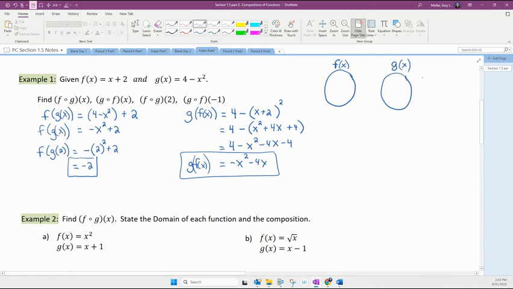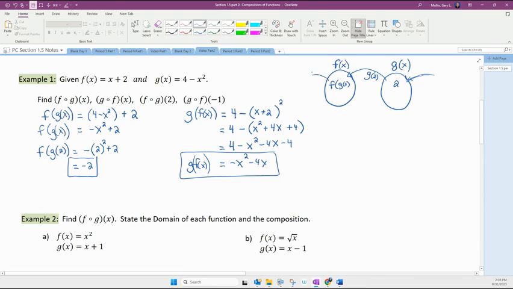So what we're doing is we're actually plugging in a 2 here. Like 2 goes in, and then it's going to come out and become the input of the function f. So g of 2 comes out and becomes now the input: f of what? g of 2.